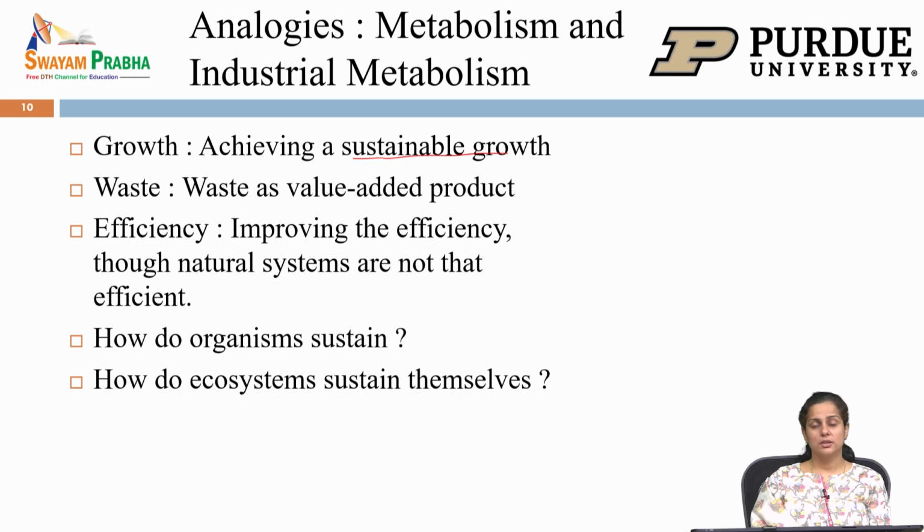So, there is a conflict between the way natural systems operate and our attempt to mimic those systems for industrial ecosystems. Some of the questions we may ask are: how do organisms sustain themselves, how do ecosystems sustain themselves, and is efficiency an important aspect of sustainability?